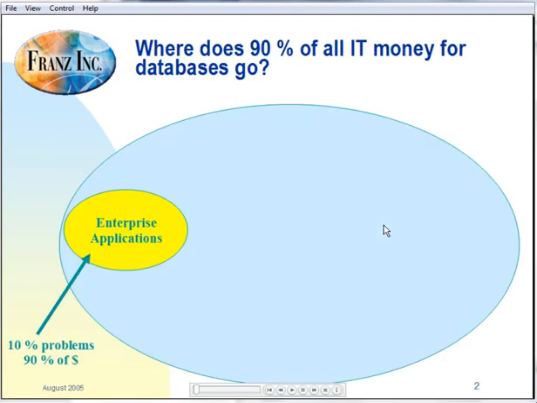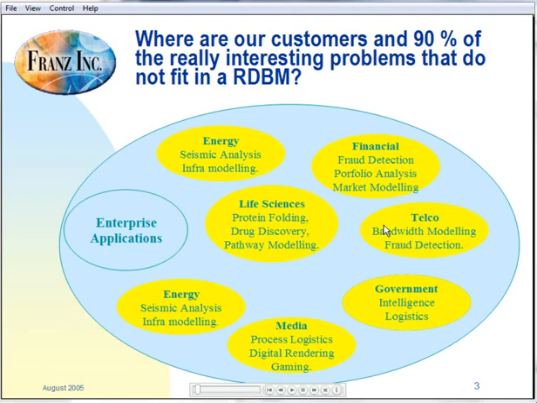So first, why did Franz create a new database? If you look at the numbers, you see that about 90% of all the IT money in the world for databases goes basically to enterprise applications. And to some extent our customers are most of the time not in enterprise applications, because our customers are most of the time in all the other applications.